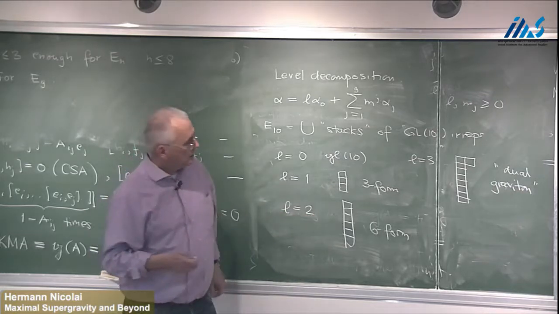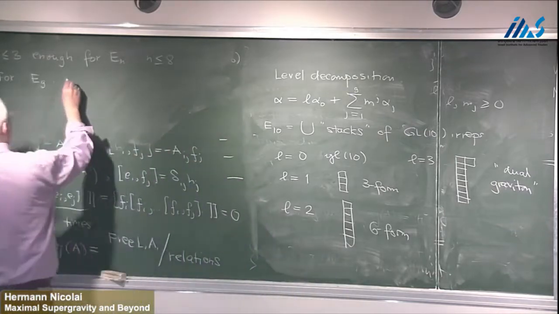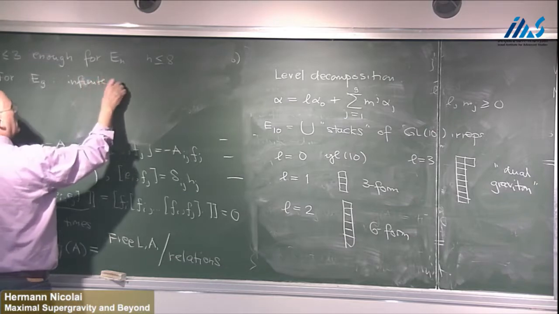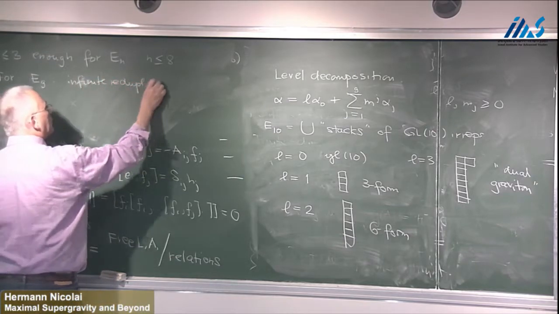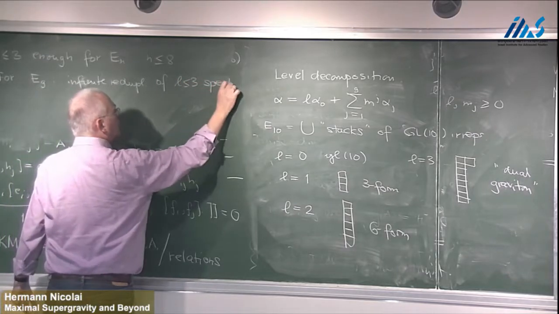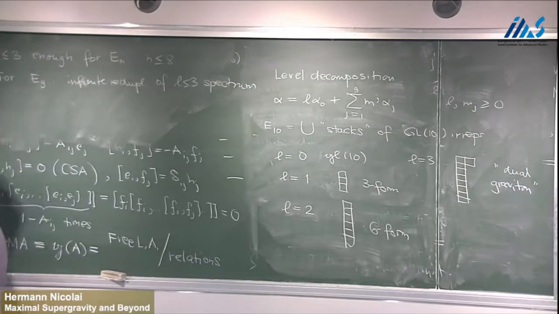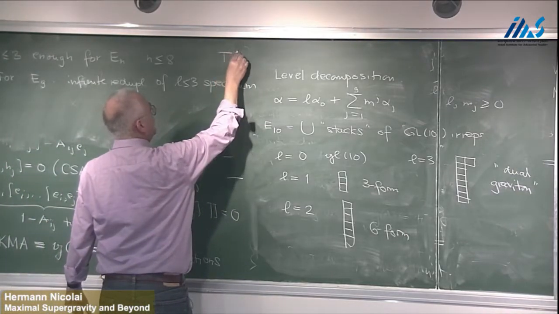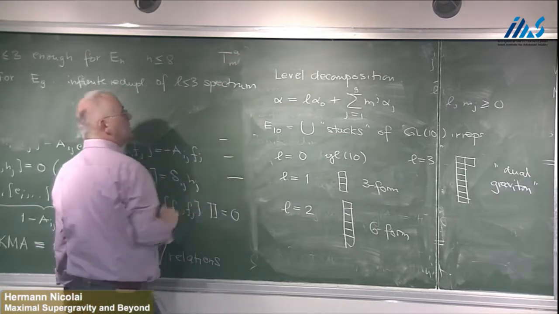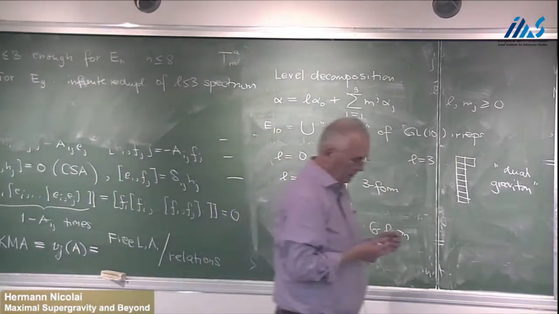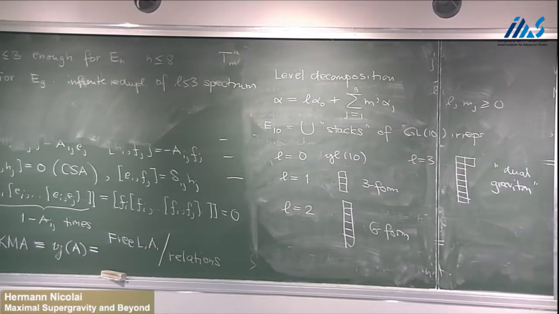And that's exactly the infinite reduplication of the L less than or equal to 3 spectrum. And that's, of course, exactly what you expect, because it just means I take the EA generators and I just give them an integer label. So this kind of analysis precisely recovers the current algebra description.